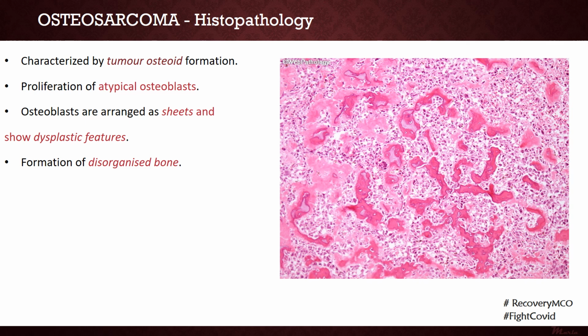The bony matrix may undergo calcification in certain areas, resulting in formation of disorganized bone. The darker eosinophilic areas here signify mineralization, whereas the lighter eosinophilic areas signify the tumor osteoid. Also note the sheets of osteoblasts present in the background. So these three features are key to identifying a case of osteosarcoma.